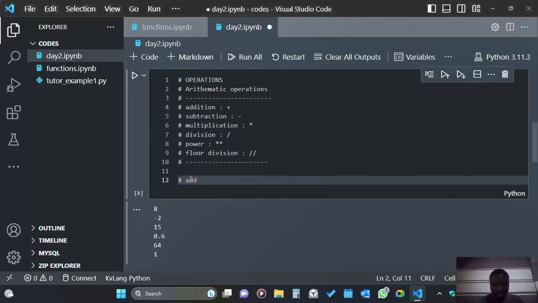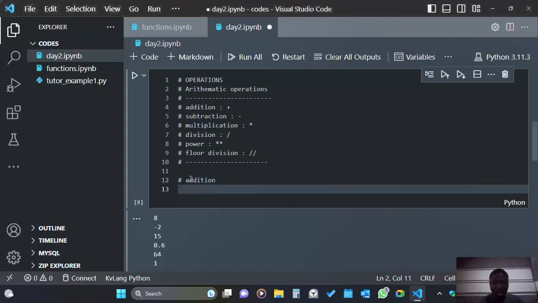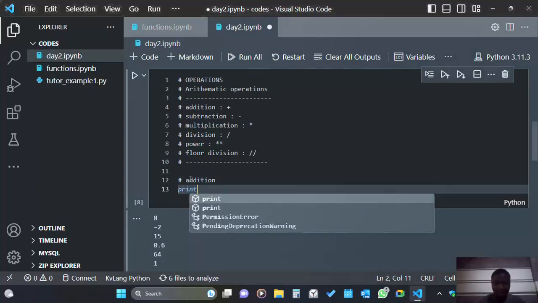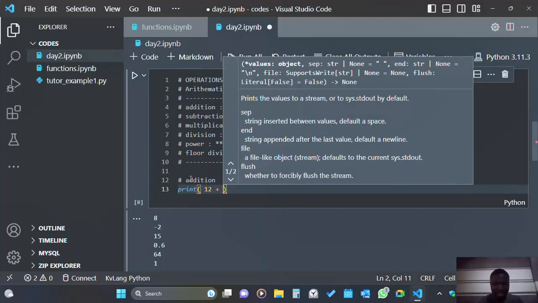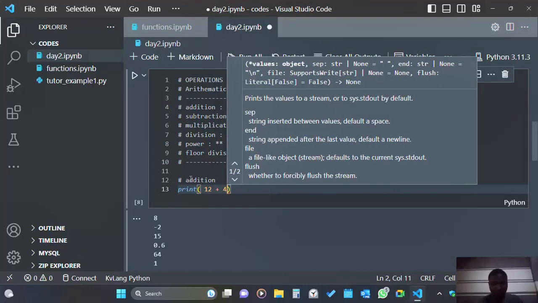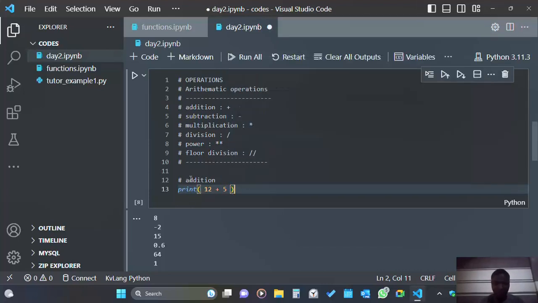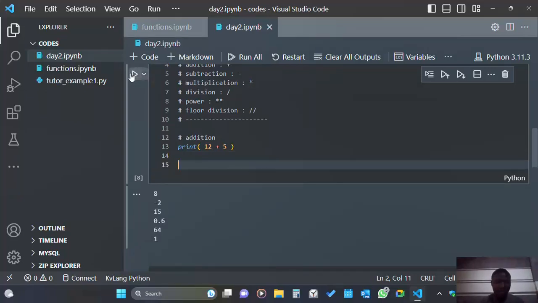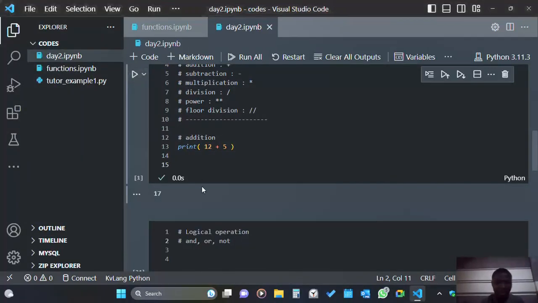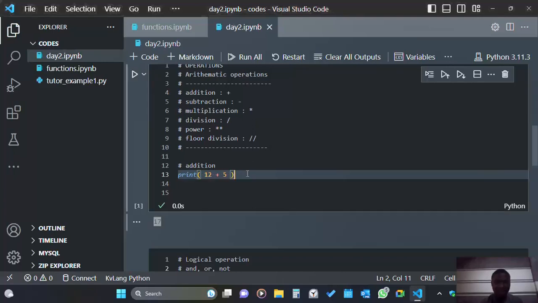In terms of addition, let's say print 12 plus 5. Let's run our code to see the output. When we print 12 plus 5, it gives us 17, and it's correct. That is our addition operation.